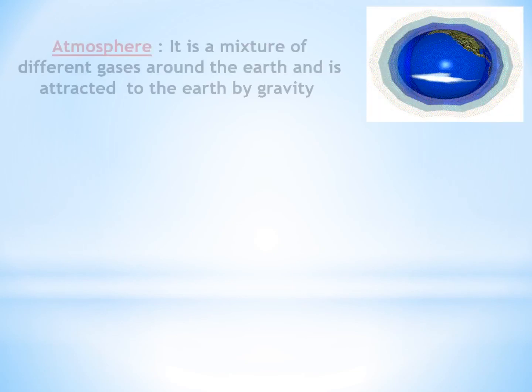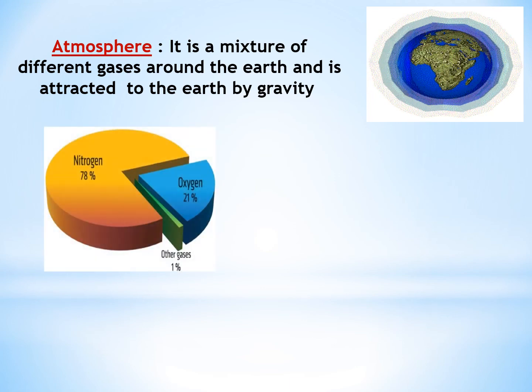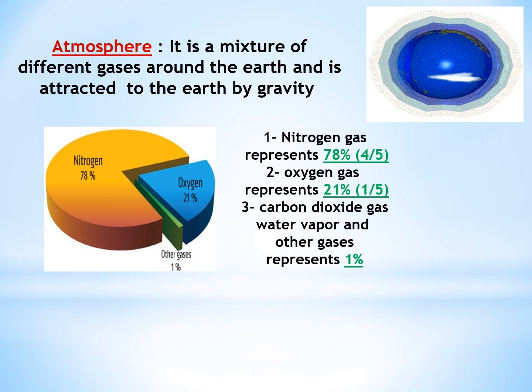Let's start the summary for what I explained. Atmosphere is a mixture of different gases around the Earth and is attracted to the Earth by gravity. The components of the atmosphere: number 1, nitrogen gas represents 78%, oxygen gas represents 21%, carbon dioxide gas, water vapor, other gases represents 1%.